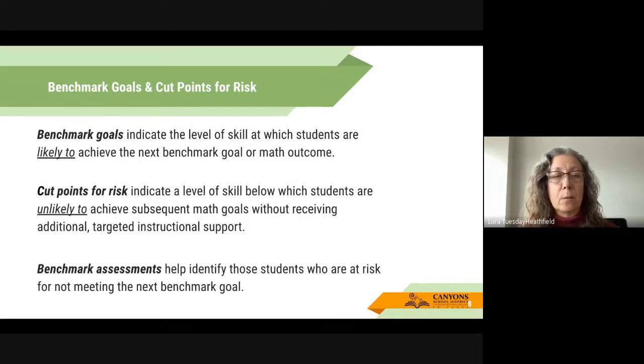And the cut points that we have for our risk categories of at-risk or well below indicate the level of skill below which students are unlikely to achieve the subsequent math goals without additional supports. So the benchmark assessments help us identify which students might be at risk for not meeting the next benchmark goal.